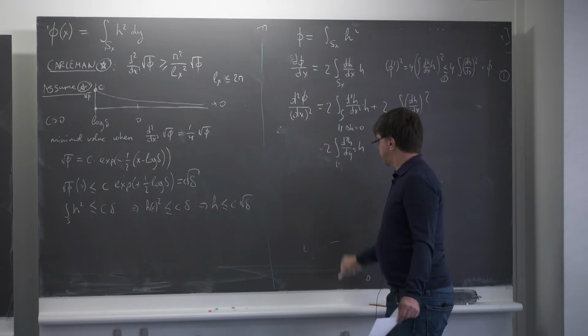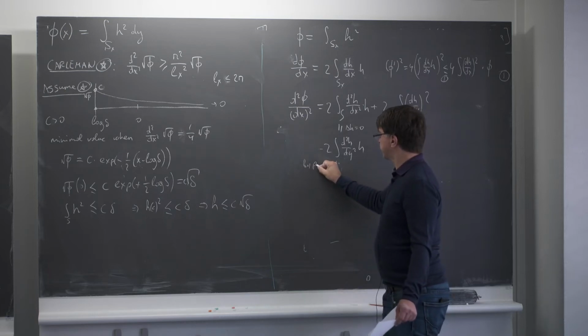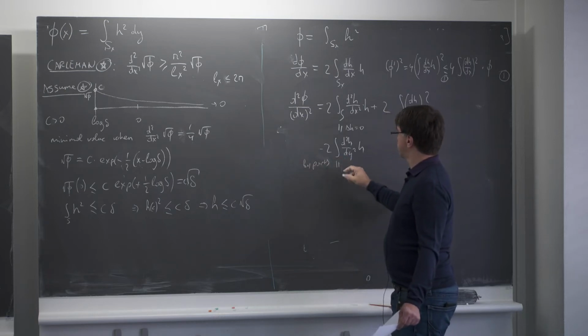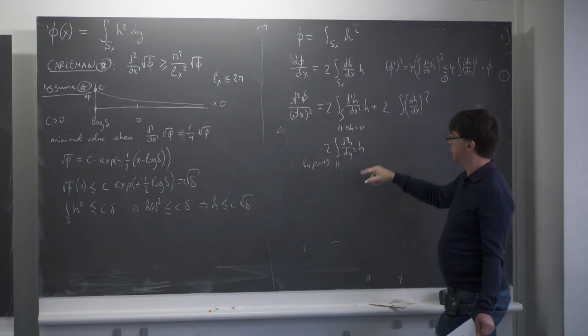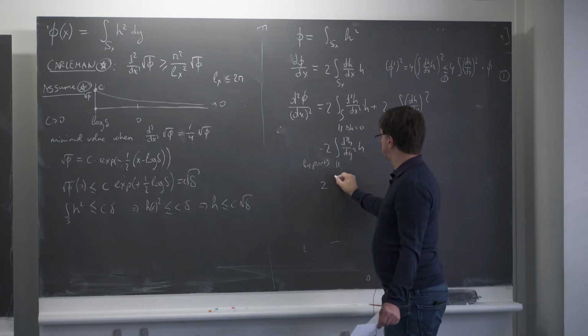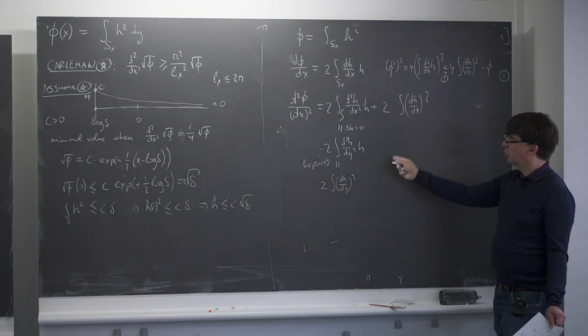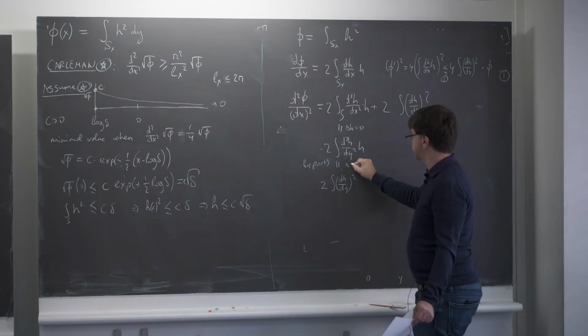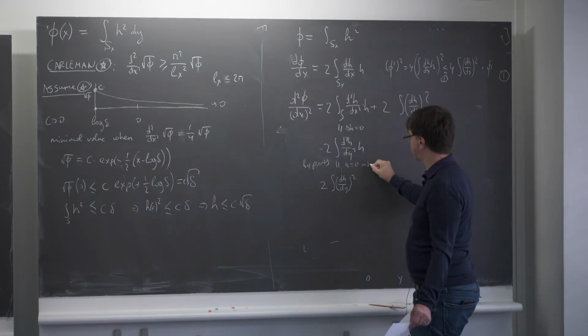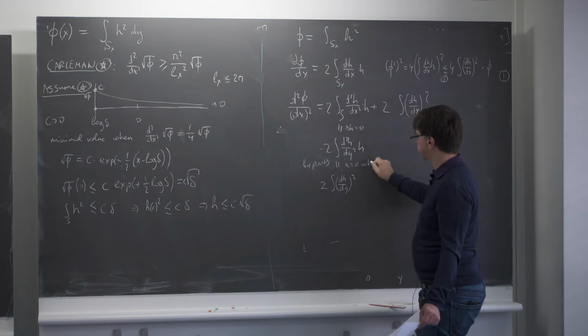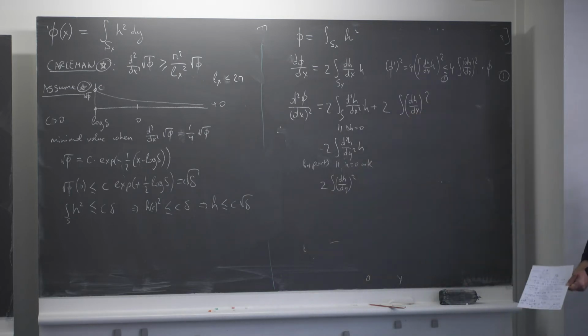Now this we can take by parts. So we move one derivative in y from here to here. So it will be twice (dh/dy) squared. And there are no boundary terms because h is equal to 0 on the boundary of our domain. So this is just integration by parts.